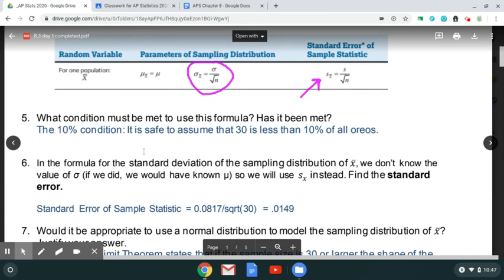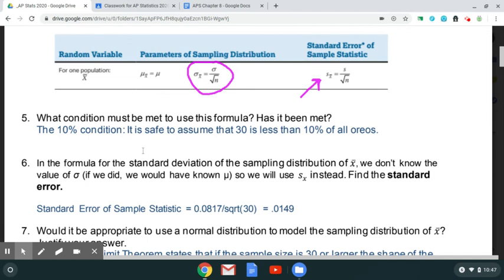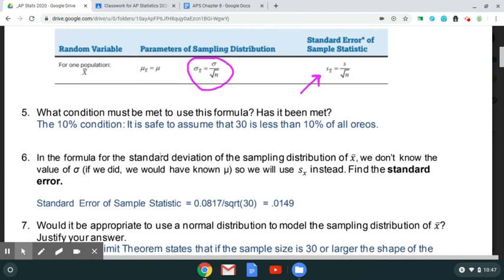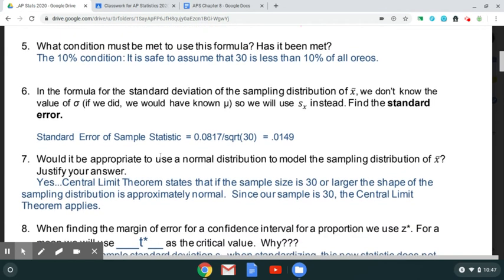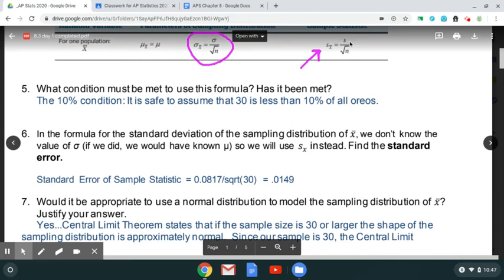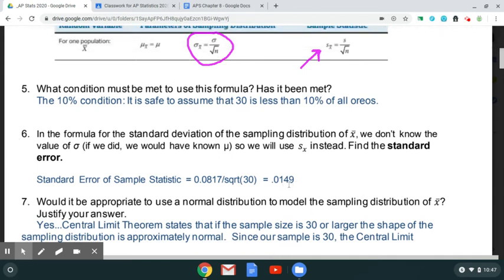And it is safe to assume that 30 is less than 10% of all the Oreos on the planet. So the standard error, which will take our sample standard deviation, divide by the square root of our sample size, is 0.0149. So if you look back at the top, the standard deviation was 0.0817 from the sample, divide by the square root of the sample size, 30.